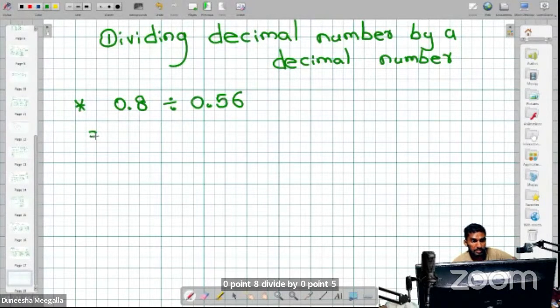What is the fraction of the first one? 0.8, how can we write it as a fraction? How can we write it?